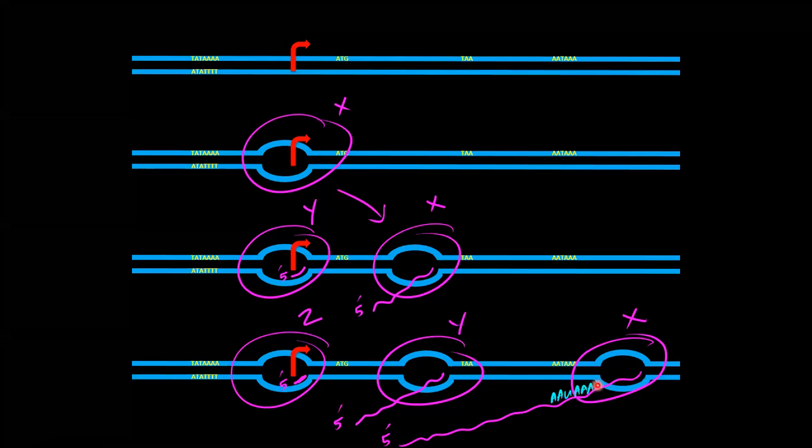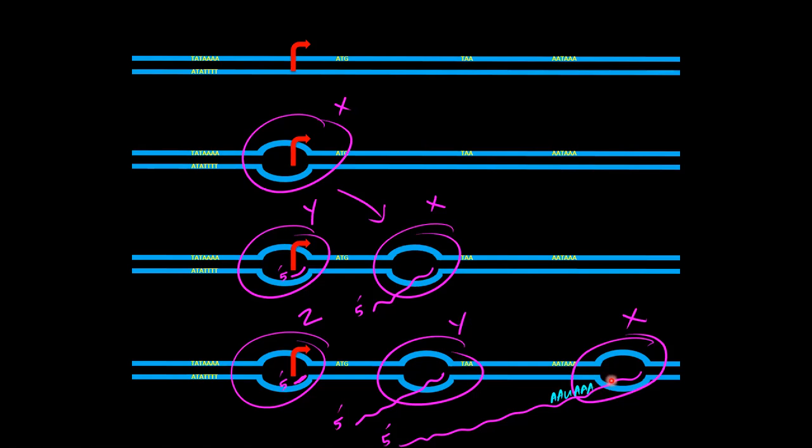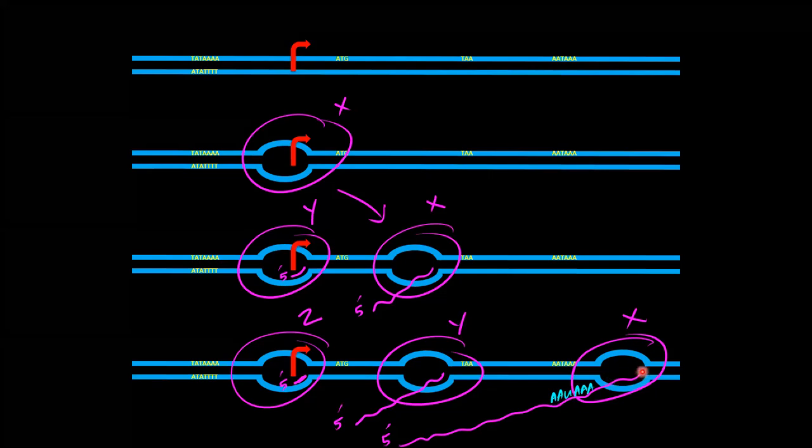So 20 to 35 nucleotides downstream of this signal that is already transcribed, some proteins will bind here and they will cut the RNA transcript from the polymerase.